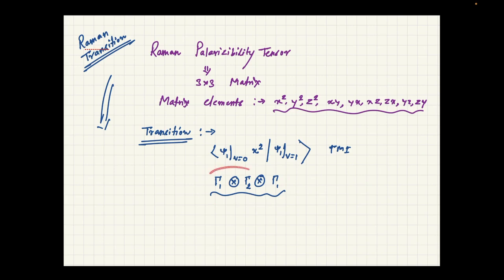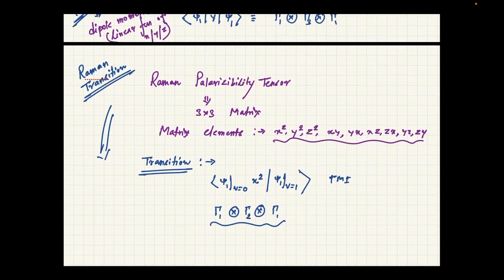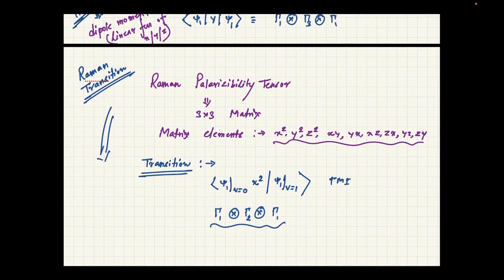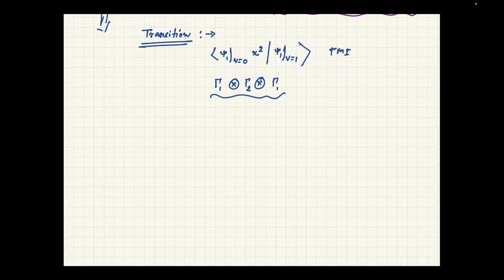Using the character table of the point group that the molecule belongs to, we can find which particular transition will be infrared active or Raman active. Now we'll solve some assignments related to it.